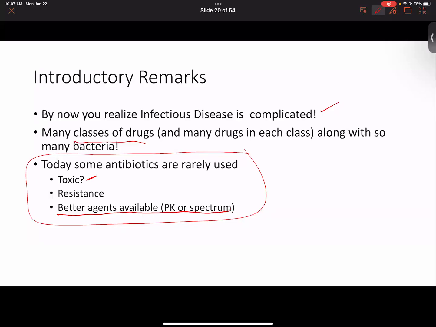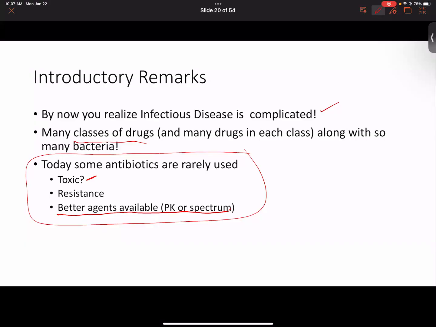And we've come a long way with regard to antibiotic development. So from a pharmacokinetic perspective, we don't want to have to give drugs every 4 hours, all right? We don't want to have to give drugs every 6 hours, whether that's at home or in the hospital. Every 4 hours, that's a huge strain on nursing staff.